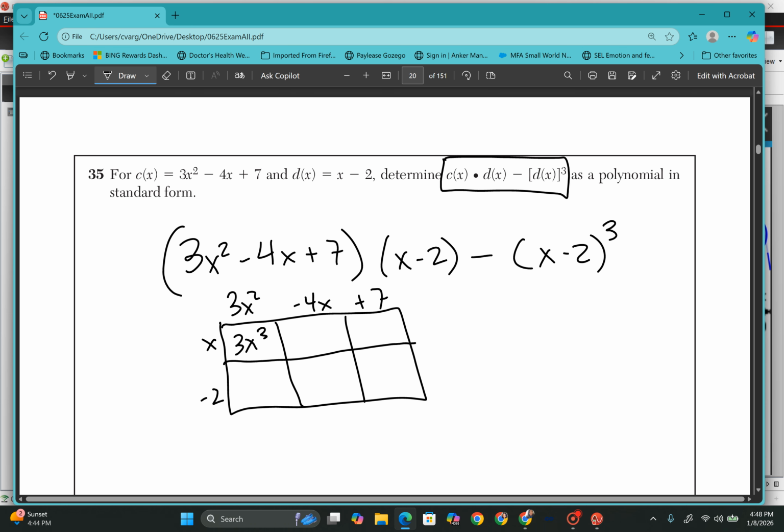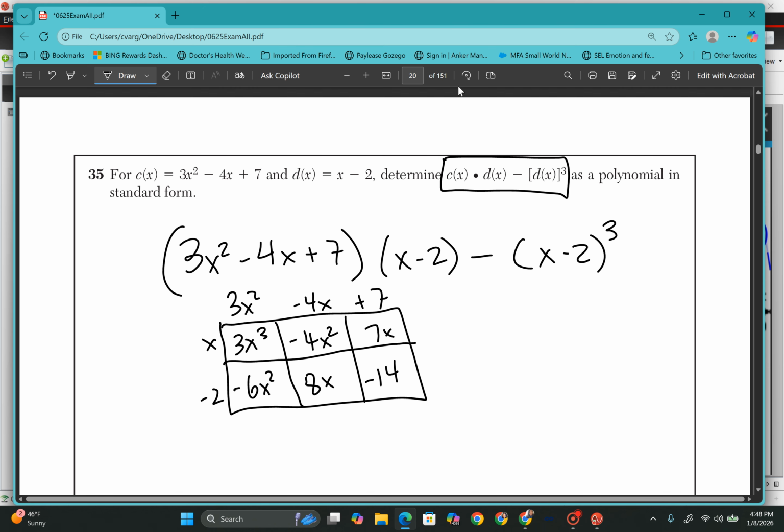Then we have negative 4x times x is negative 4x squared. And then we have 7 times x is 7x. And then we have negative 6x squared. We have 8x. We have negative 14. Cool. So now we're going to combine like terms here.